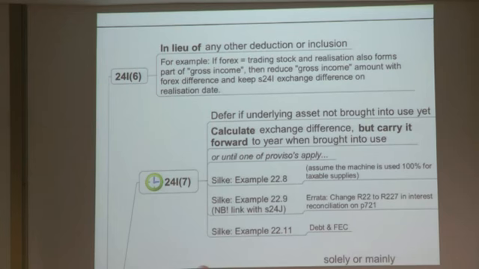So then what is very important is to remember that your 24I rule takes preference, and then whatever you've done for the 24I, you're going to have to take out of your gross income amount to make sure you don't get taxed on the same amount twice. So it's just to say which section gets preference, but this is in rare circumstances. It is when you are trading with the Forex or with the debt, but just remember that your Forex rule in this scenario gets preference. That is your 24I6.